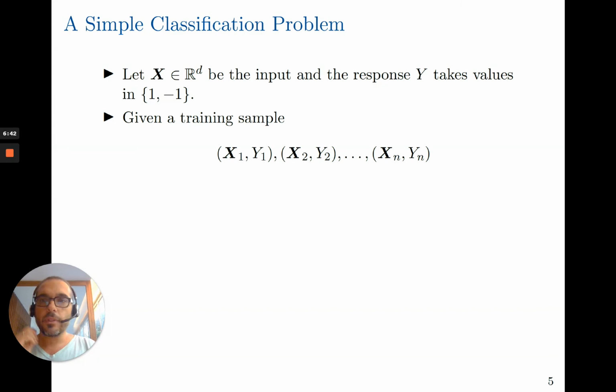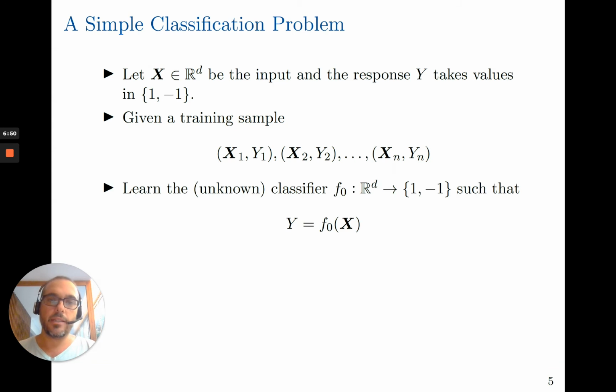All right, so we have the covariates, and we have the outputs that take values either 1 or -1. We have training pairs, and we want to learn a nonlinear classifier. We want to estimate this unknown function f naught that maps the x's into these two classes, 1 and -1.